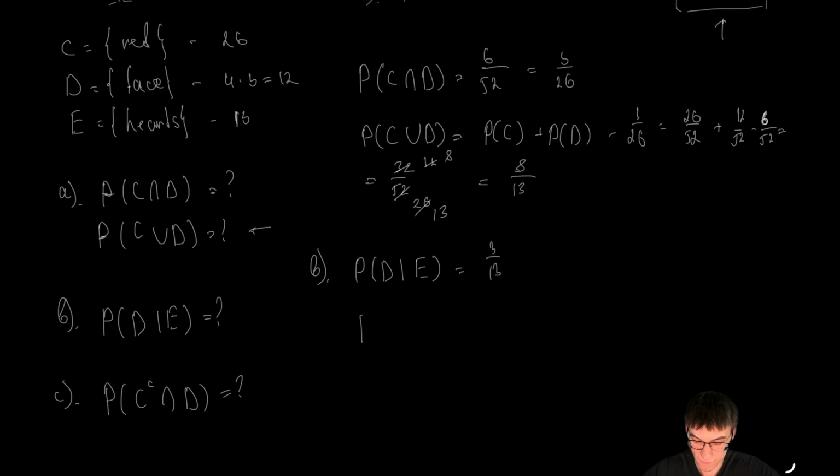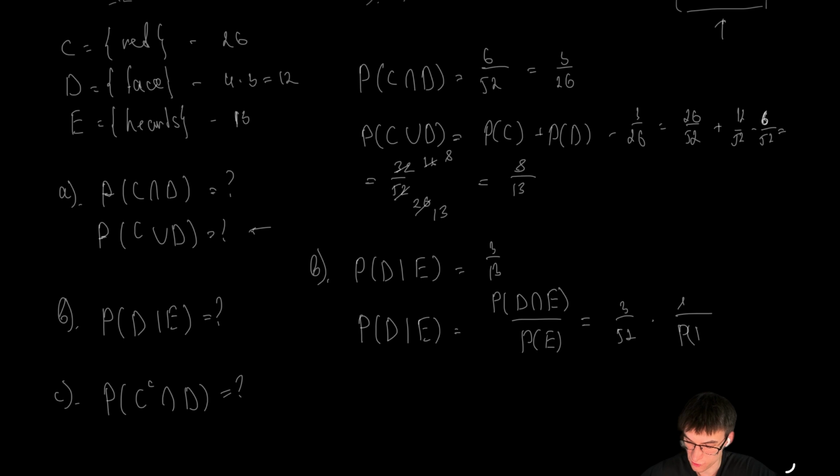And the second way of calculating that is to use our formula, which is the probability of their intersection over the probability of one of those events. The intersection of them is that we have a face heart, and the probability of having a face heart is 3 over 52, times 1 over the probability of event E, that is the heart, which is 13 over 52.